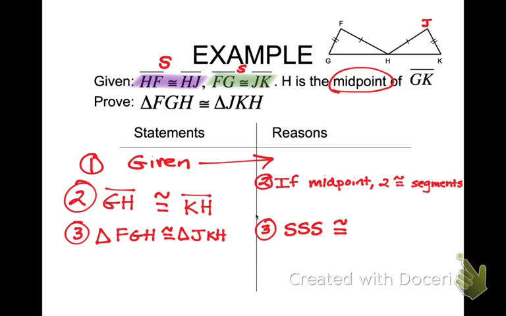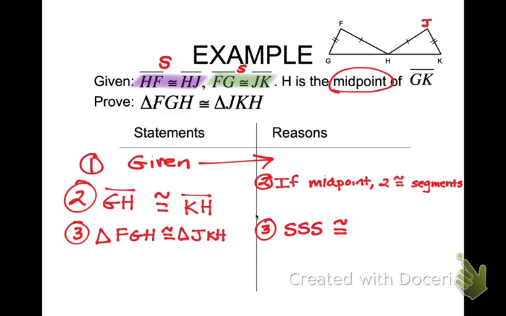If I am claiming that I have side, side, side congruence, then I need to make sure I have 3 sets of congruent sides. I have one here in line 2, and I had the other 2 already given to me, so that was nice. Okay? That's a triangle congruence proof. I proved that triangles are congruent to each other.